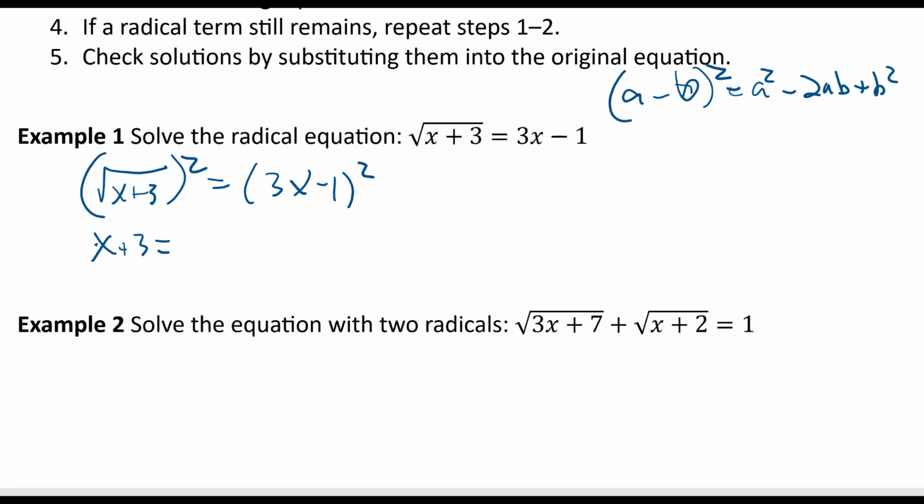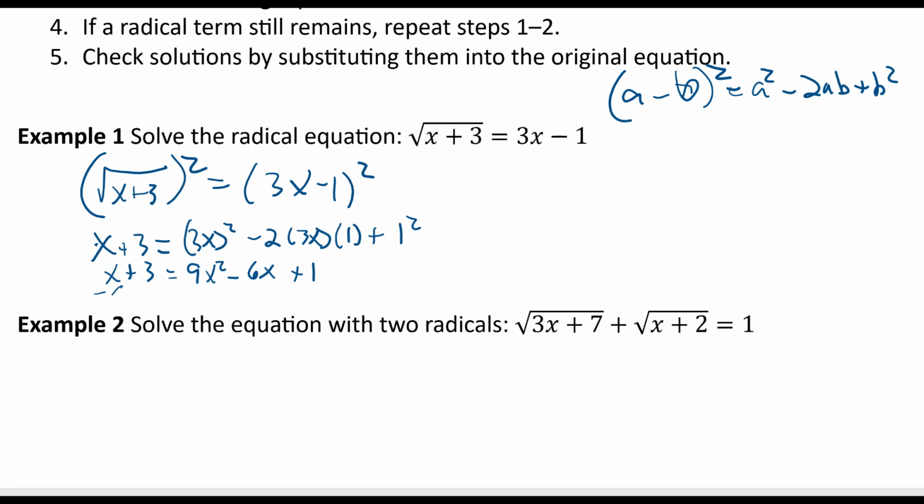I'm just going to square this out, and we will have 3x squared minus 2 times the 3x times the 1 plus the 1 squared, and this negative here is this negative here. So we have x plus 3 equals 9x squared minus 6x plus 1.